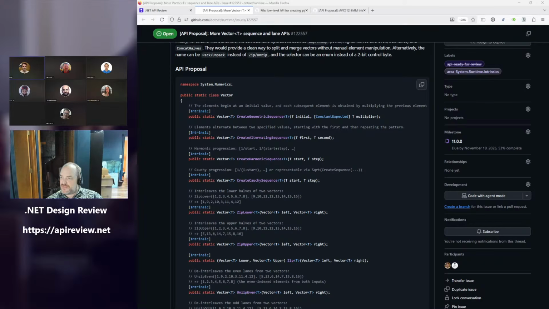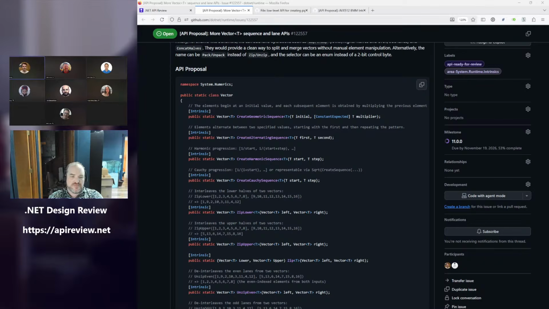Similarly, we have the shuffle API for the fixed size vectors, but we don't have one for the variable size vector because you can't know how many indices you need to provide to specify how to shuffle.